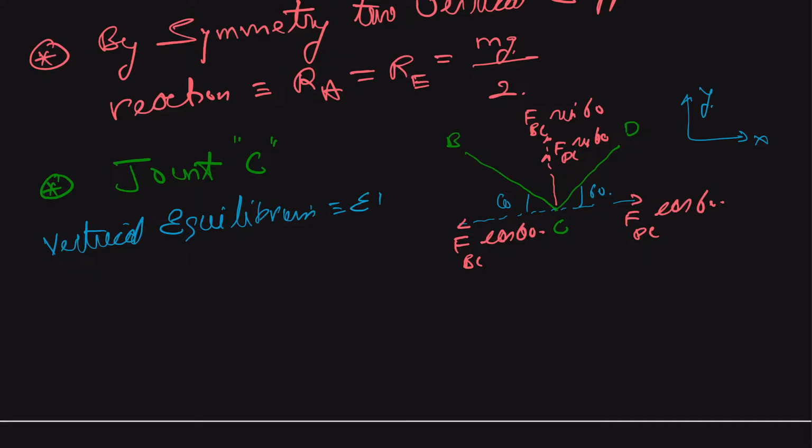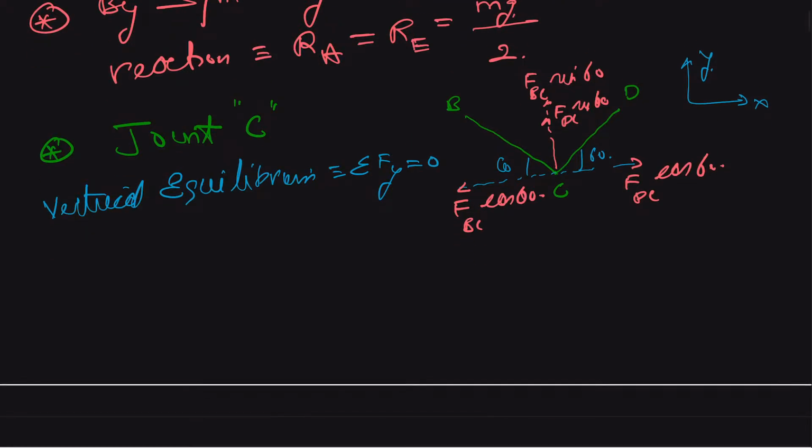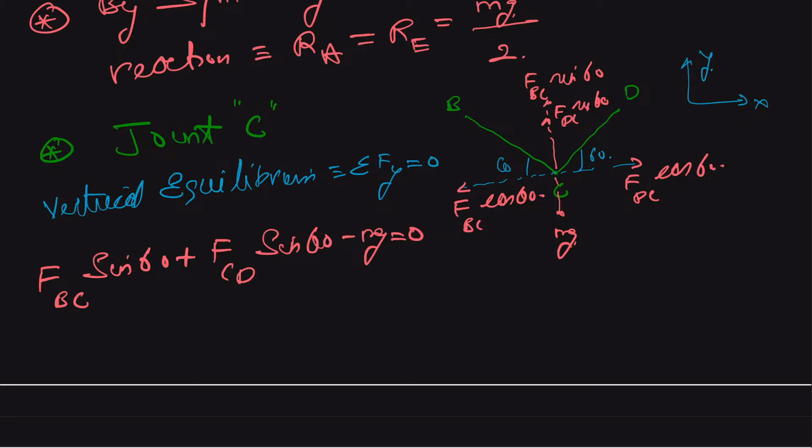The summation of forces in y should be equal to 0. Therefore, mg will be acting in the downward direction, so we can say FBC sine 60 plus FCD sine 60 minus mg is equal to 0.